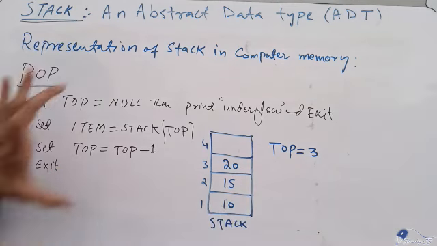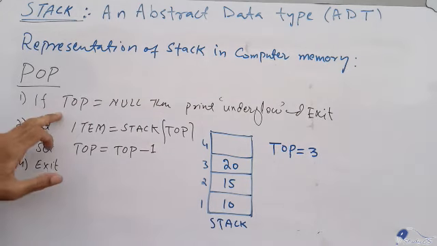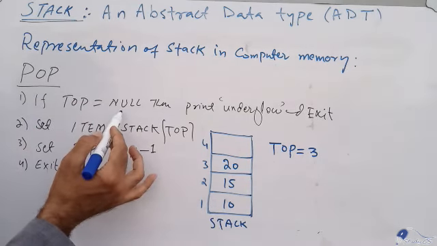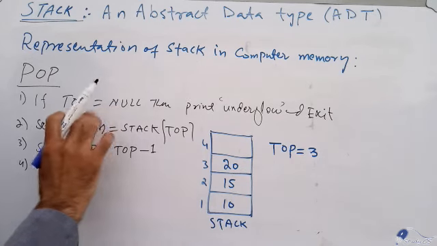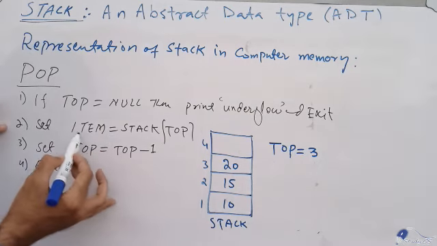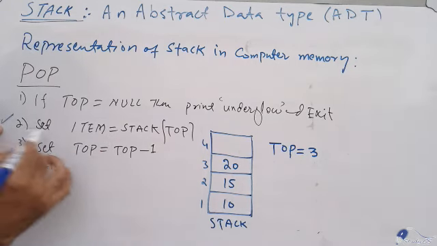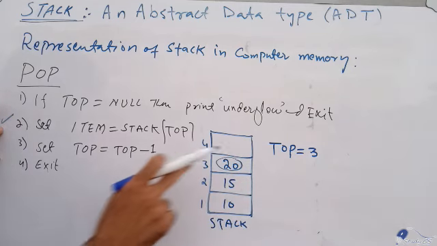Let's see how our designed algorithm works. If top is equal to null, this is just a check whether the stack is empty or not. No, the stack is not empty because top is 3. So set item to stack top means this statement shows that you need to select the top element of the stack. So 20 will be selected.